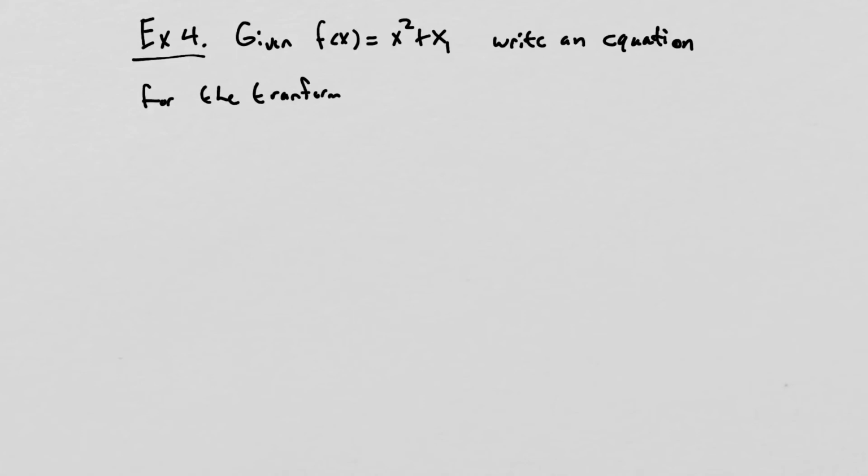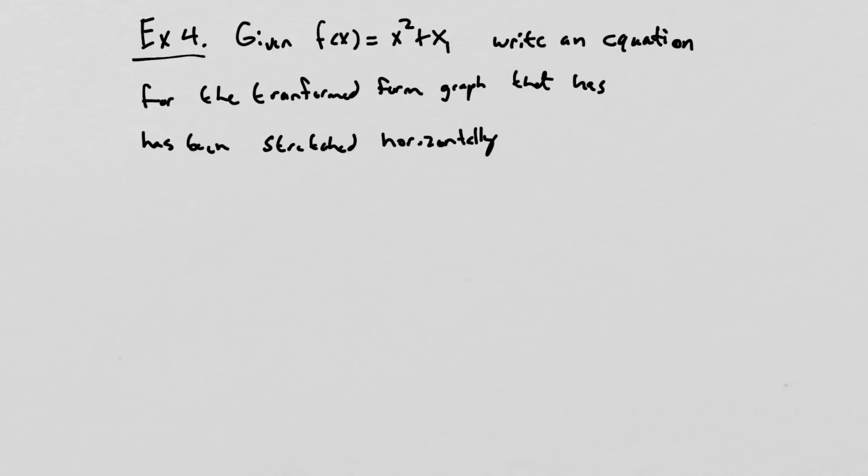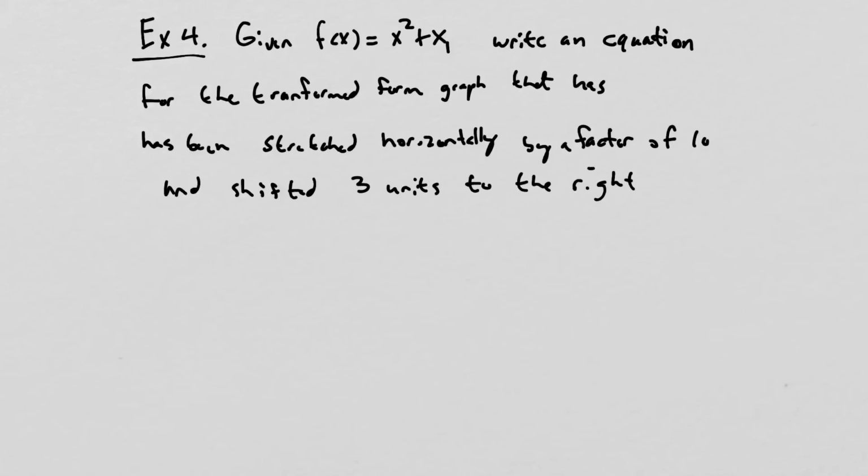Given the function f of x, which is equal to x squared plus x, let's write an equation for the transformed graph that has been stretched horizontally by a factor of 10, and also shifted, sorry, let me say shifted 3 units to the right. Okay.